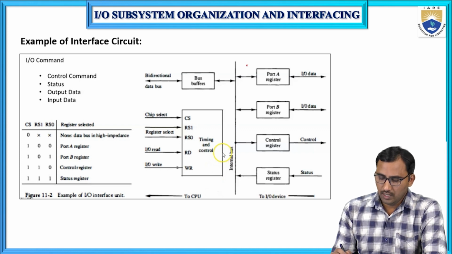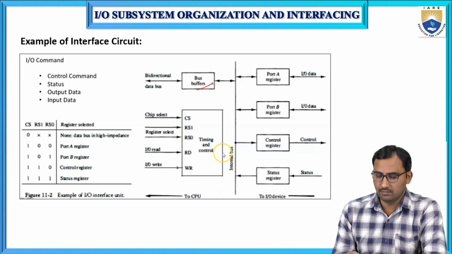This interface circuit consists of buffers, a timing and control circuit, and different registers. It consists of port A register, port B register, control register, and status register. These are all the registers to store some data.